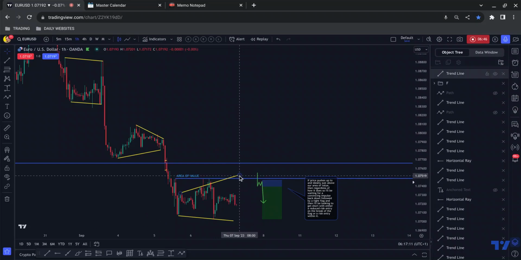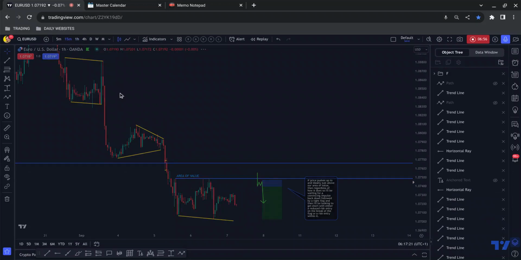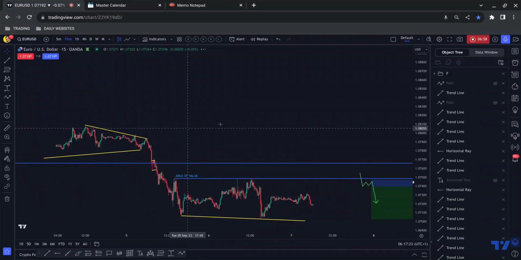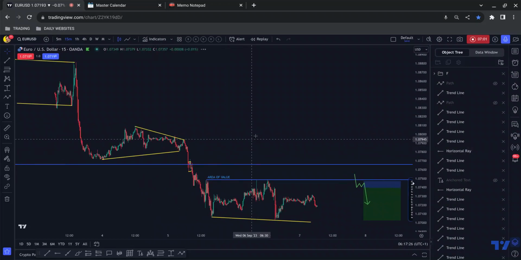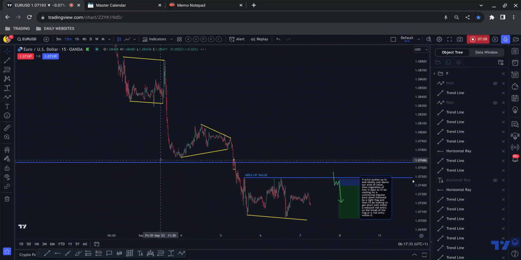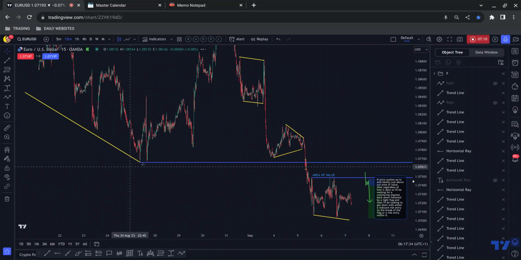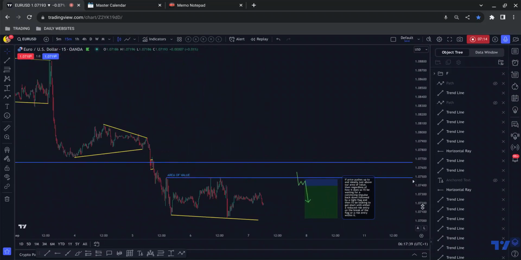However, because of the angle now, if we did have a 1, 2, 3 here potentially, sometimes you have to use your own discernment. We have a 1, 2, 3 here, but we also have a little area of liquidity sat just above it, as well as the back end of this structure here, which price could gravitate towards.